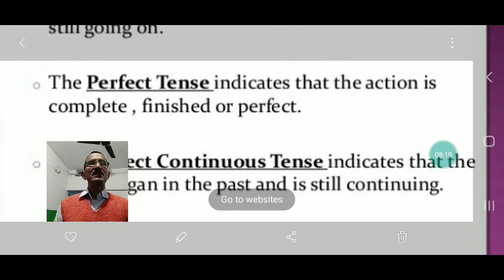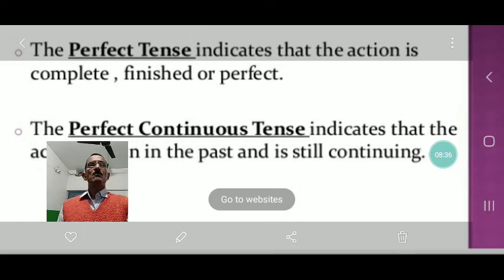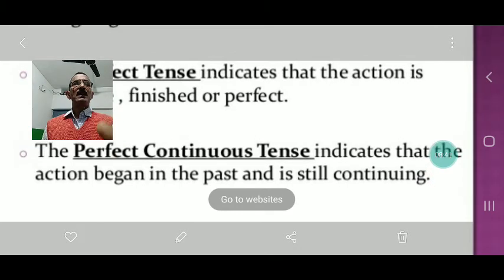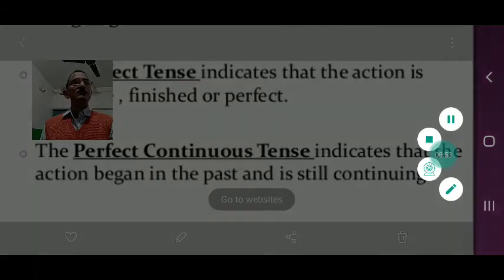If it is perfect tense, that indicates that the action is complete, finished or perfect. There is no doubt. It expresses the completion of an action in the present time, the past time or the future time. Perfect continuous tense indicates that the action began in the past and is still in progress, still continuing. So here you will understand like that.